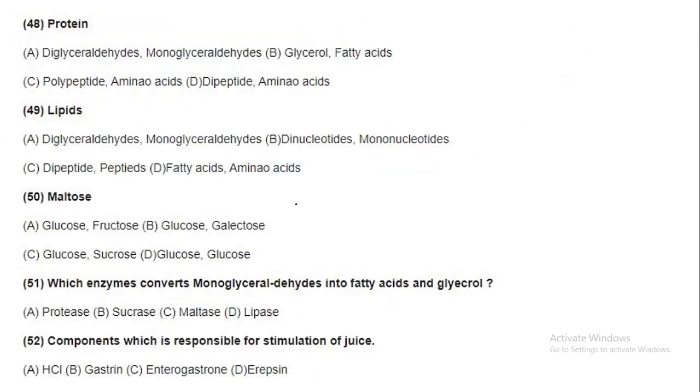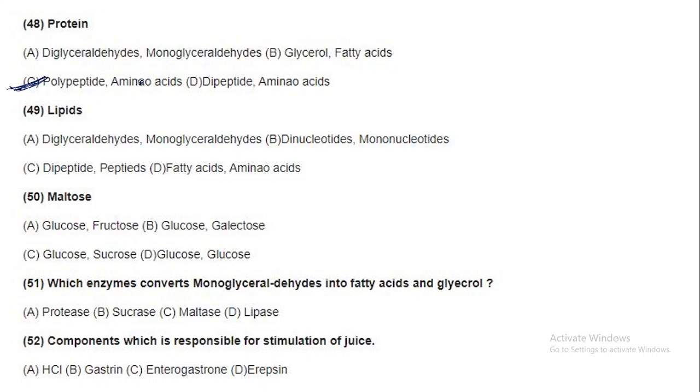Next one. Proteins are: diglyceraldehydes, monoglyceraldehydes, or glycerol and fatty acids; polypeptides and amino acids; peptides and dipeptides and amino acids. So proteins are polypeptides. Kindly forgive this, pardon the spellings.